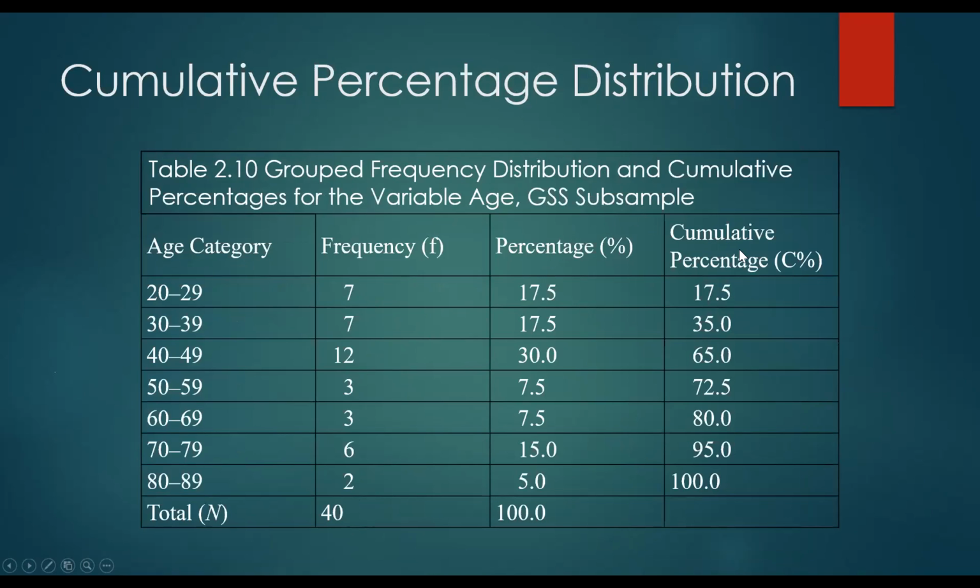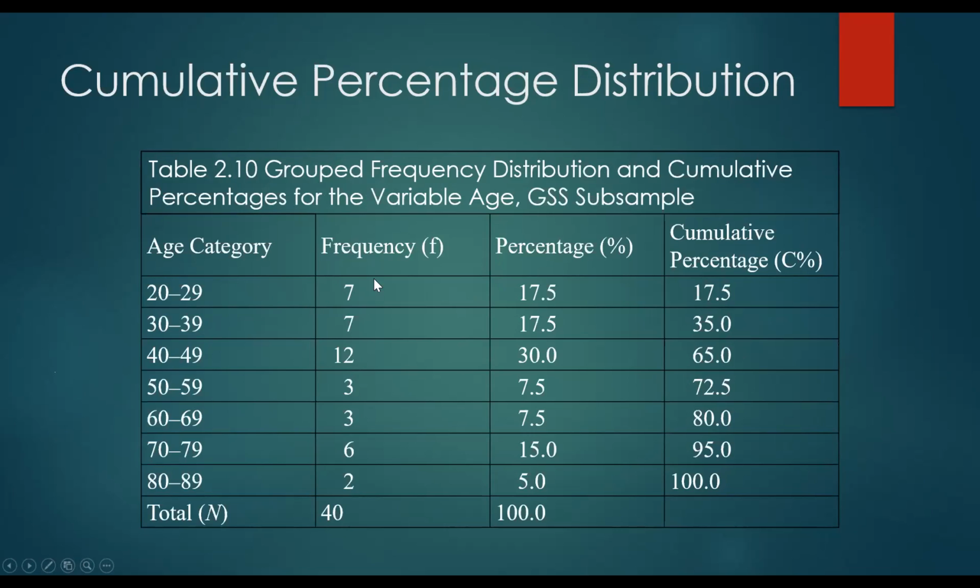And then I could do cumulative percentage, which is exactly the same thing I just did with cumulative frequency, except now I'm looking at percentages, which frankly is a little bit more useful. So here, if I'm looking at 59 and under, it'd be 72.5%. Maybe you're pausing and wondering how in the heck did she get there? Let's back it up.